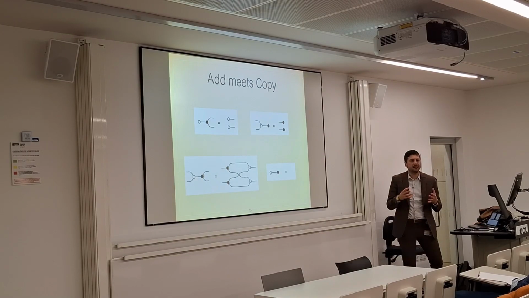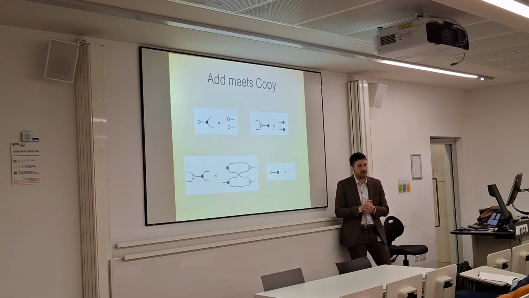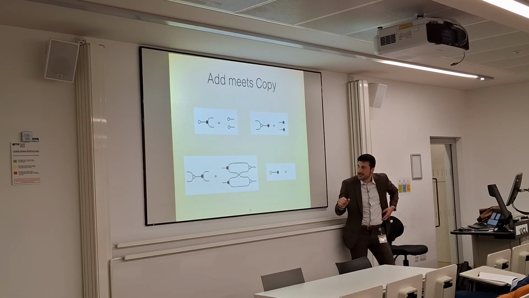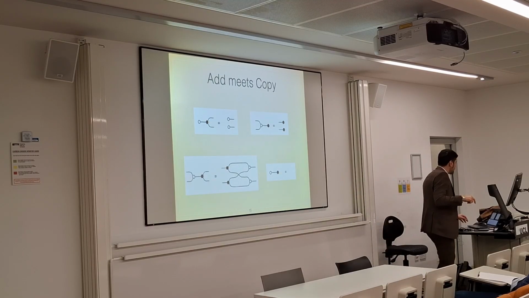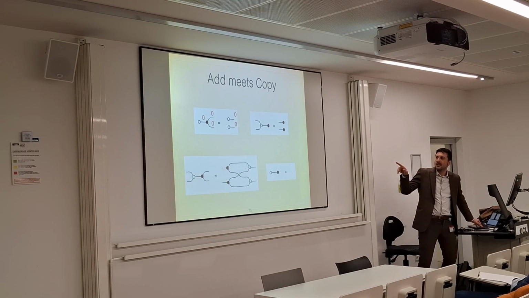Next, we need these two classes of operations to interact. We have introduced all the operations we need, and now we make copy and discard interact with addition. First of all, if we have a 0 and we copy it, it is the same as just having two zeros.